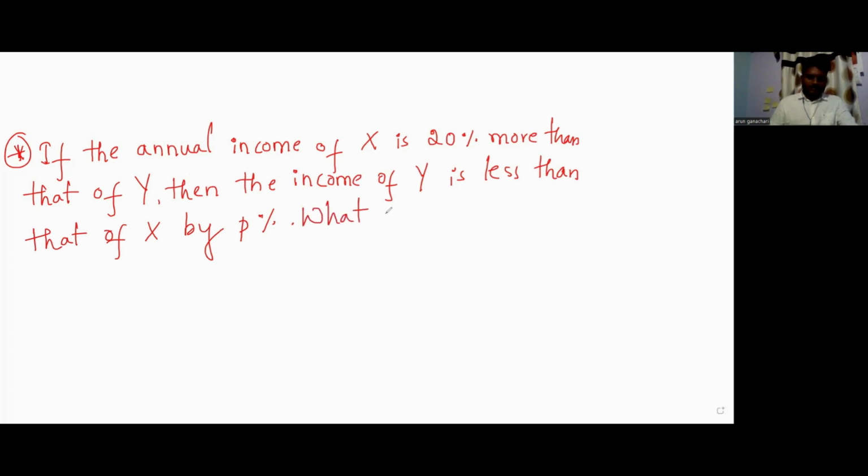What is the value of P? Think you can solve this?